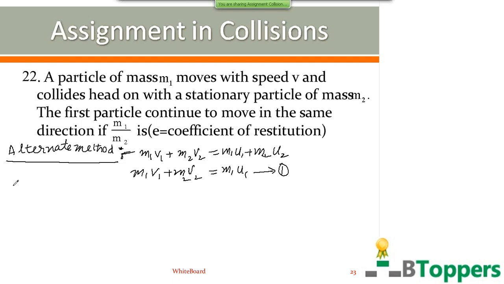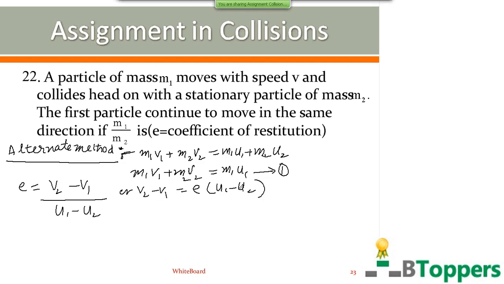So in any one-dimensional collision, you can write e equal to v2 minus v1 by u1 minus u2. So here u2 is 0, or v2 minus v1 equals e times u1.